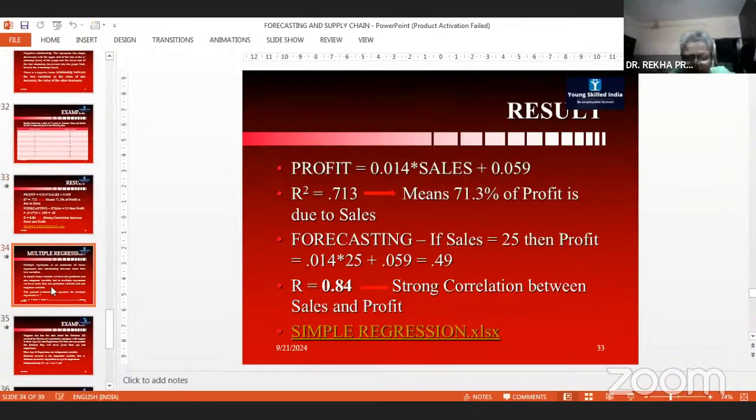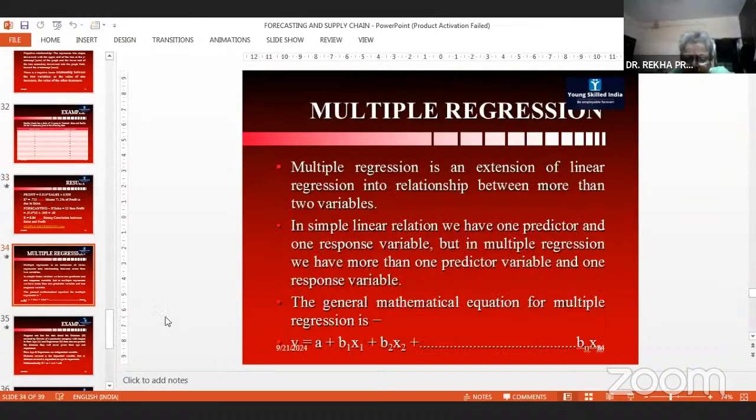Now you have multiple regression. Here I have taken only two, but you can take more than two independent variables. But generally, solving it becomes very difficult, and visualizing it is still impossible. Because with two, you can have x and y. With three, you can have x, y, z, three-dimensional.